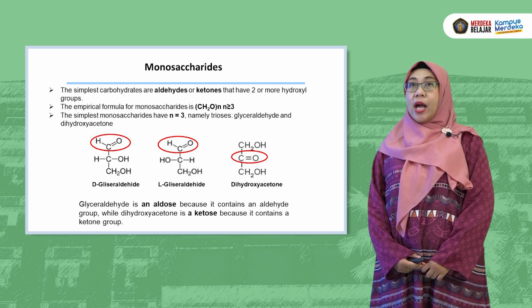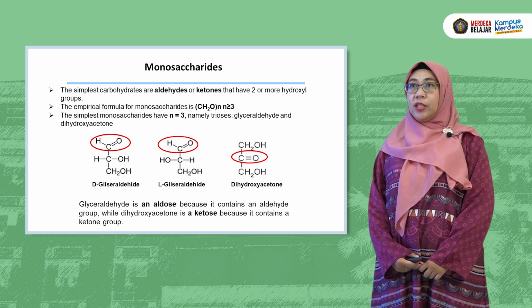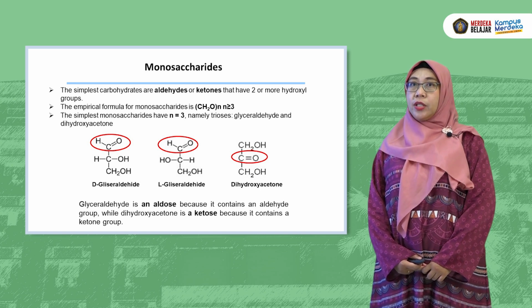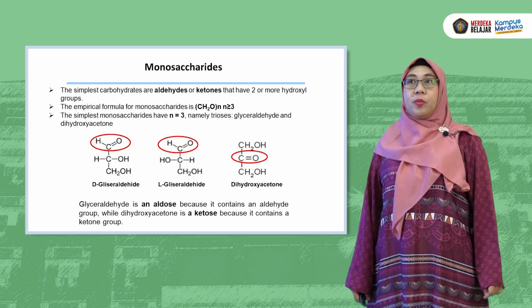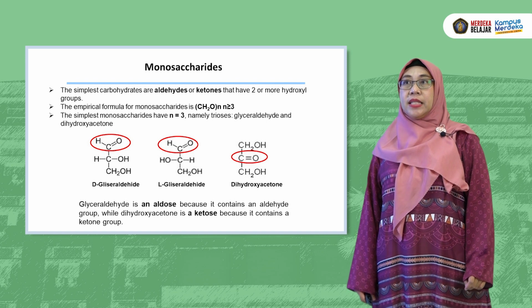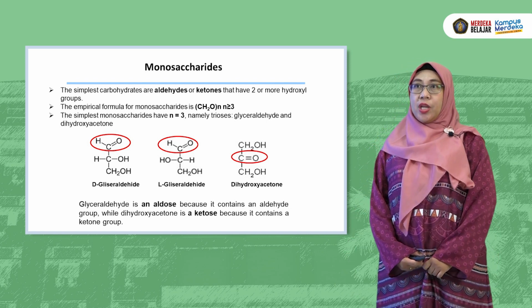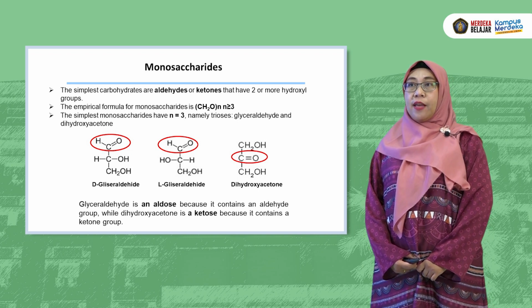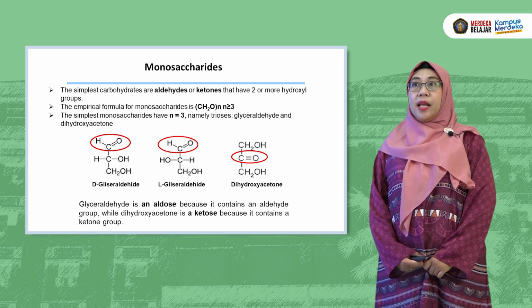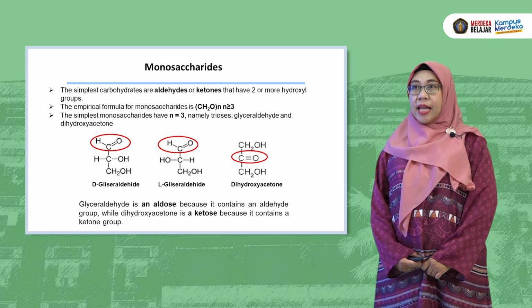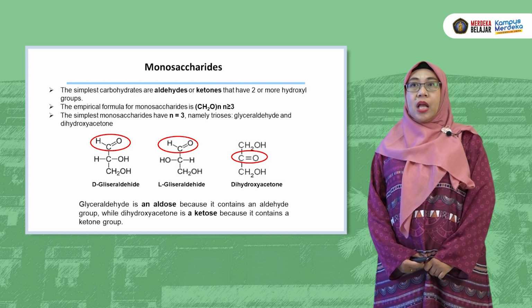The simplest carbohydrates are aldehydes or ketones that have two or more hydroxyl groups. The empirical formula of monosaccharides is (CH2O)n, where n is equal to or more than 3. The simplest monosaccharides have 3 carbon atoms, namely trioses: glyceraldehyde and dihydroxyacetone.